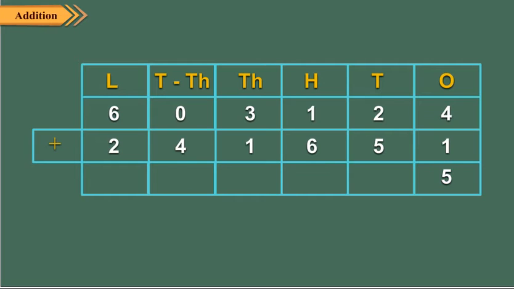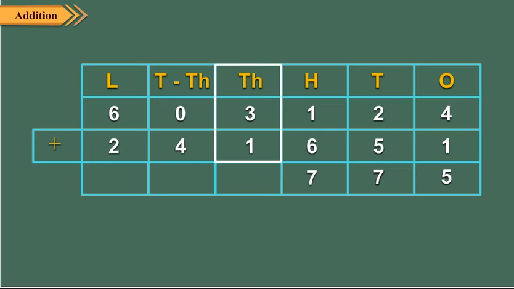Write 5 in the ones column. Add tens. 2 tens plus 5 tens is equal to 7 tens. Write 7 in the tens place. Add hundreds. 1 hundred plus 6 hundreds is equal to 7 hundreds.